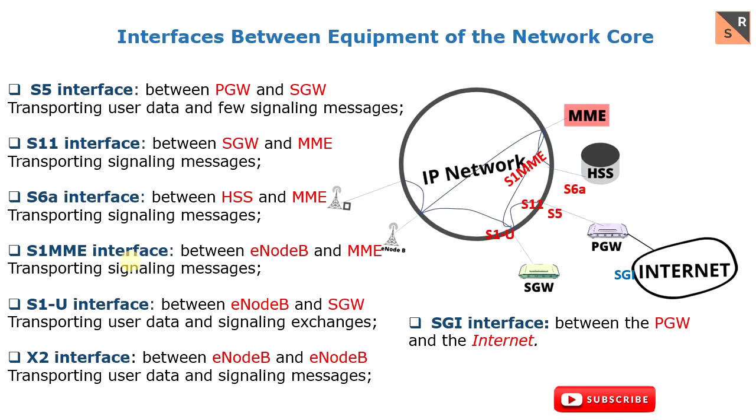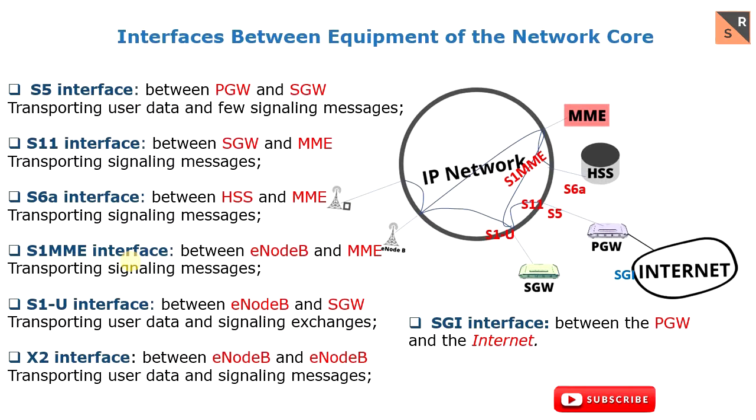We will define a certain number of interfaces, for example, between any eNodeB and a serving gateway and so on. Each interface is specified because above the IP there will be communication protocols specialized in mobility management or the exchange of data, taking mobility into account.